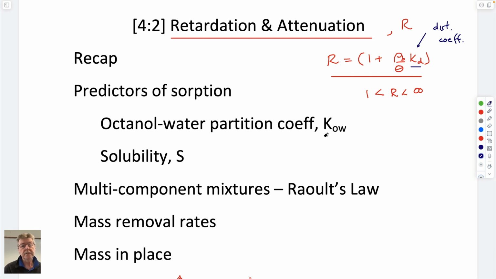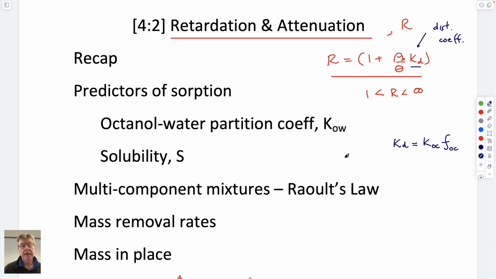And so what we find is that KD is equal to an organic carbon partition coefficient times a fraction of organic carbon.